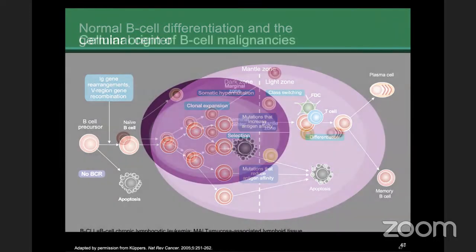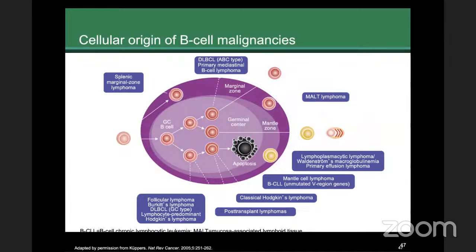Next slide. Okay. And these are just the counterpart names. I won't spend much time on it. Based on where they're located, based on the patterns, you give names to them. For example, in the germinal center, the three most common examples of follicular lymphoma, which has the 14-18 translocation, and the Burkitt's lymphoma, which is the 8-14 translocation. Next slide.